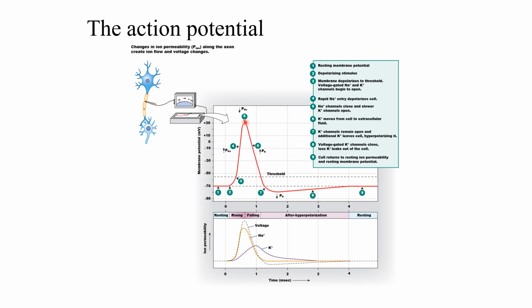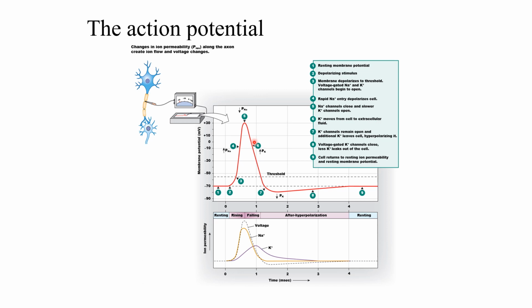And those are going to be the potassium channels. Now remember how we said we have more potassium inside compared to outside? And so once those potassium channels open, potassium is actually going to start leaving the cell.